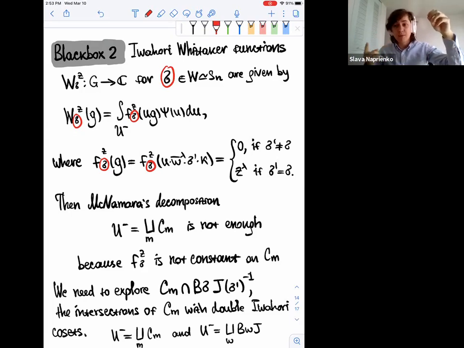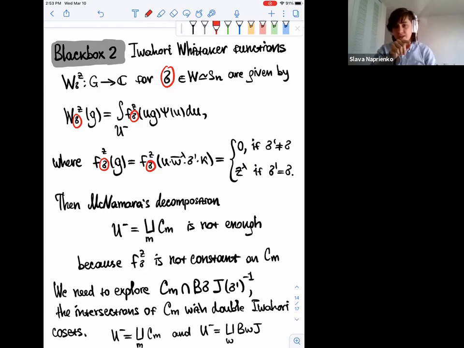Depending on which double Iwahori coset we lie in, sometimes it is 0, and sometimes it is the diagonal. So this is a refinement, and it is strictly speaking a refinement. What I mean by that is that some of these functions give us the previous one. So from here, we just strictly get the previous case.